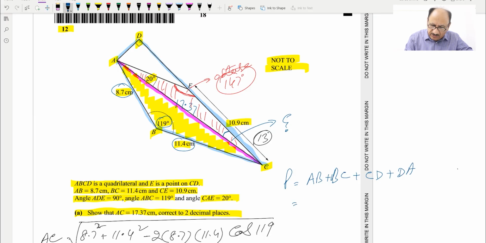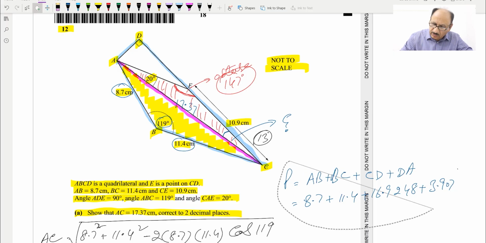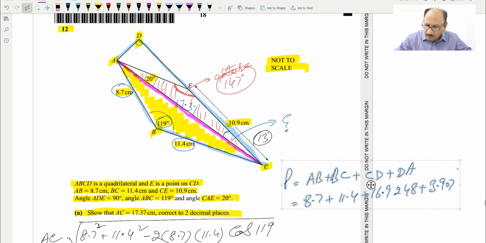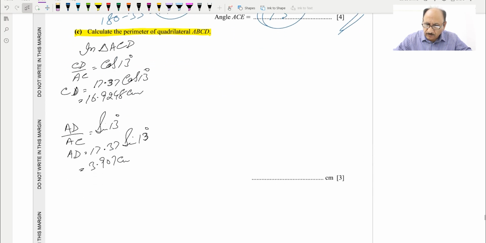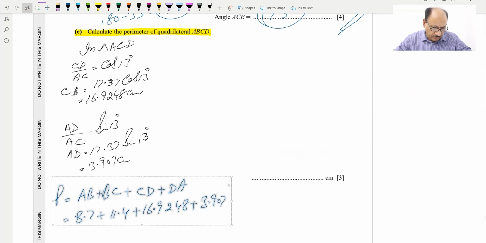So AB is 8.7 and BC is 11.4 and CD we have calculated already as 16.9248, and the last one DA we just found 3.907, and we can shift this to the proper location. This perimeter will be this one.